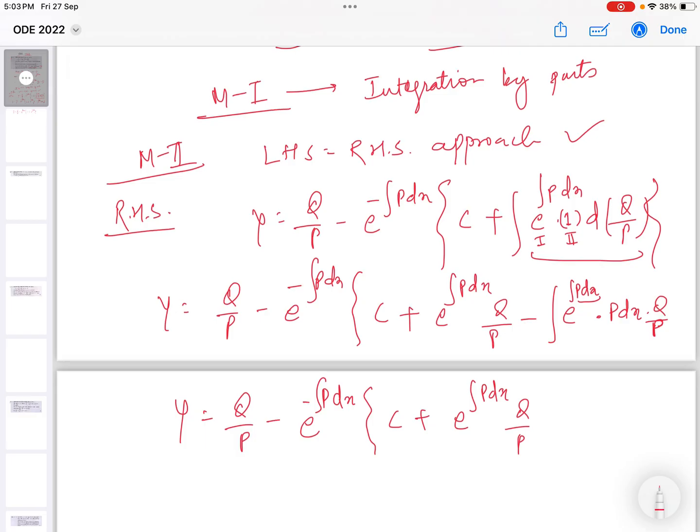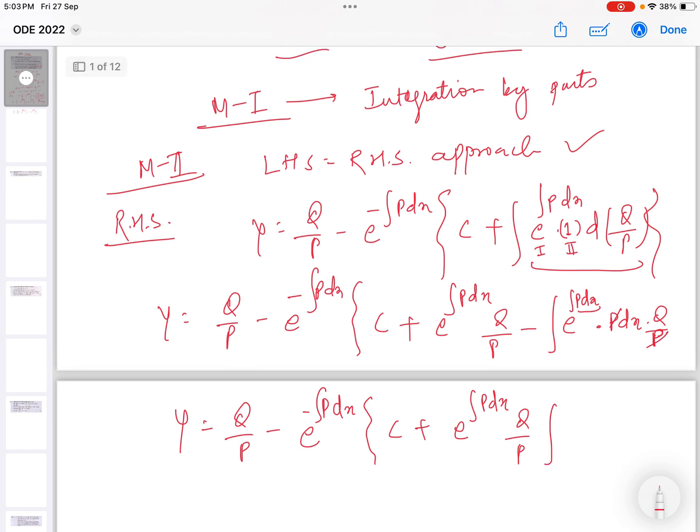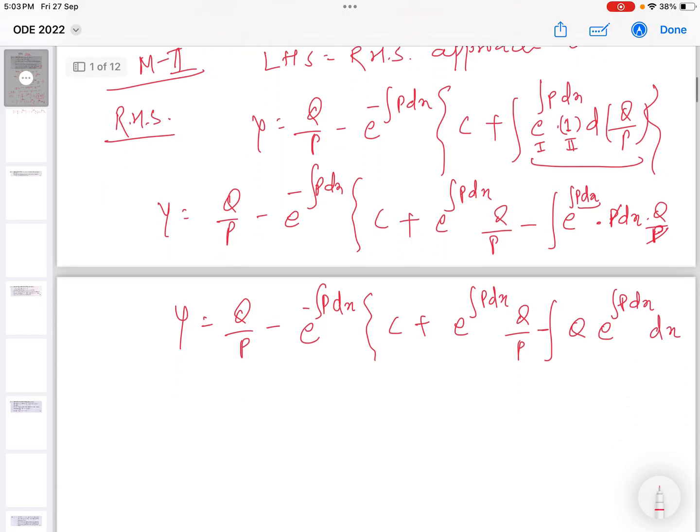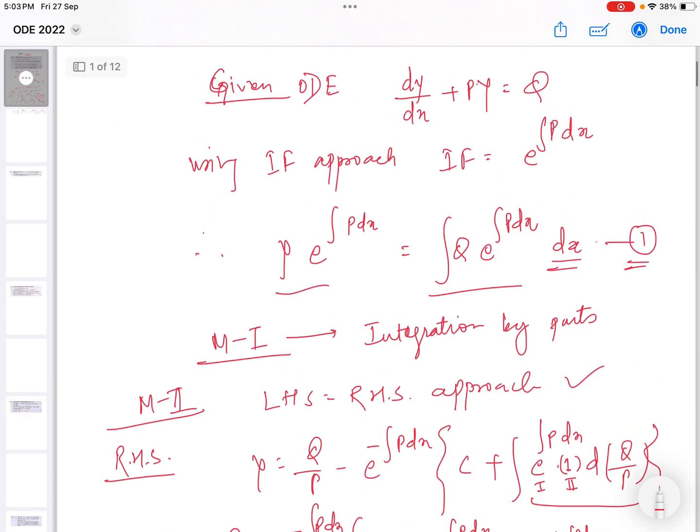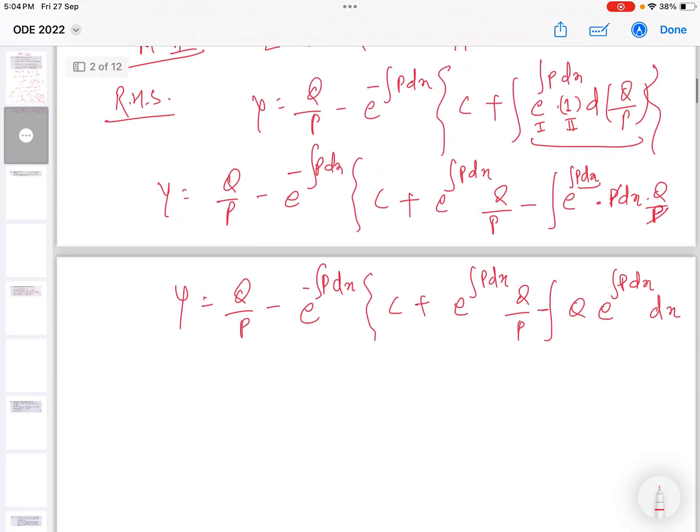We have differentiated this, so this becomes like that. Q e raised to the power p dx here. Fine, we will be solving that in the later parts.